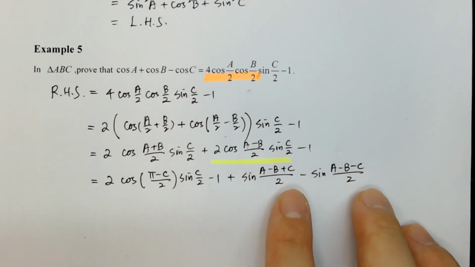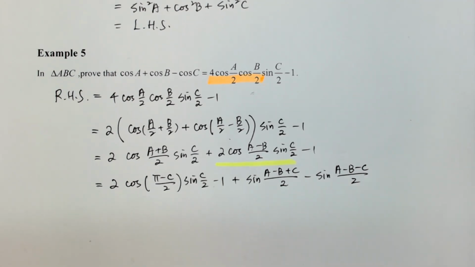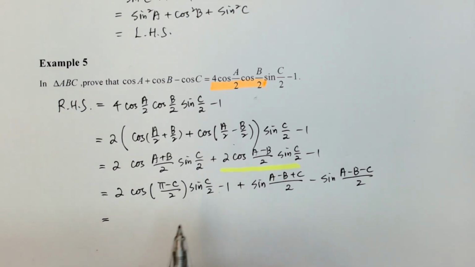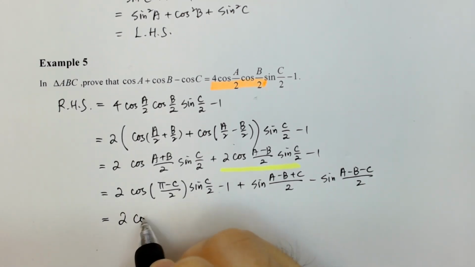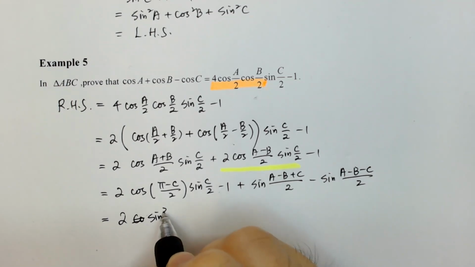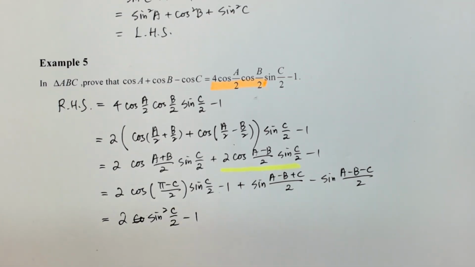But then this is just half of it. So that means we can rewrite it by using the property of the sum of interior angles of a triangle. Here we can have 2 sine square C over 2 minus 1.